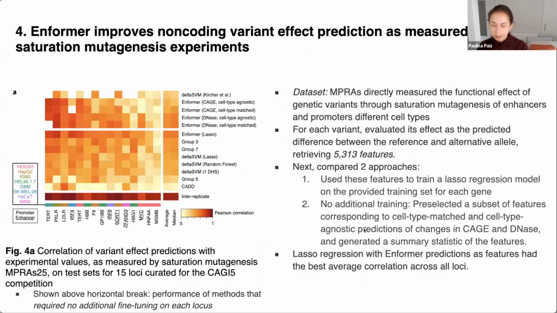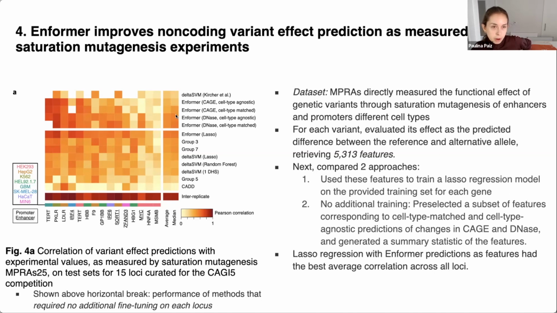And then this is my final slide. It's very packed, I'm sorry, but it's the final result. Enformer improves non-coding variant effect prediction as measured by saturation mutagenesis experiments. What you can take from this lovely heat map is that everything above the horizontal break, this white line here, is methods that require no additional fine-tuning on each locus.